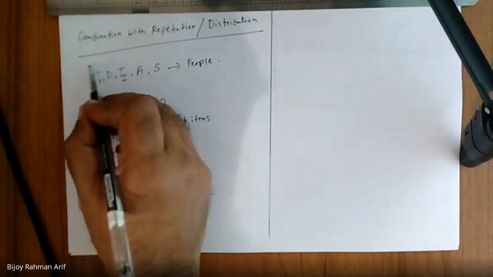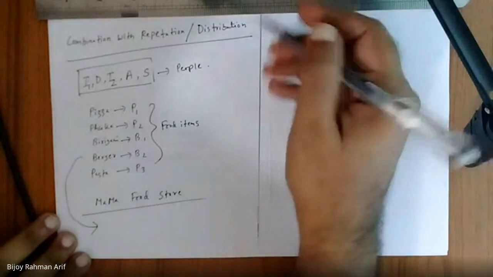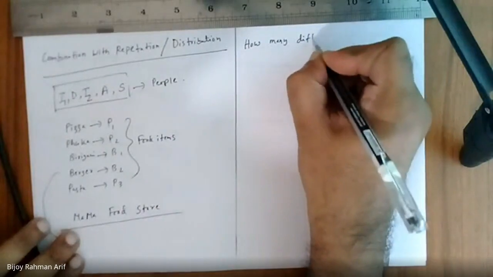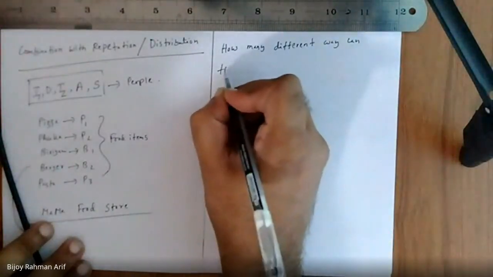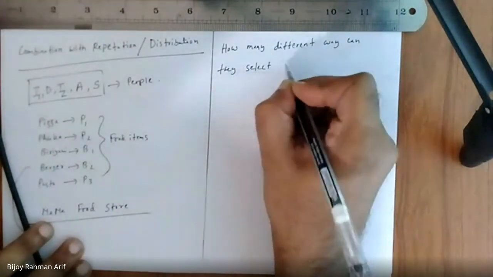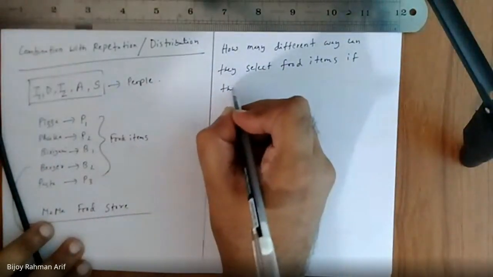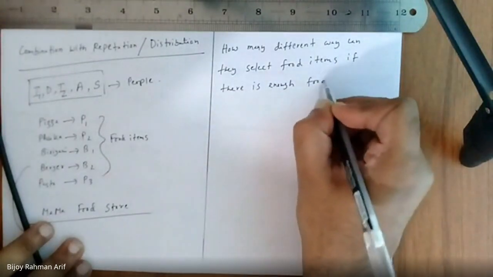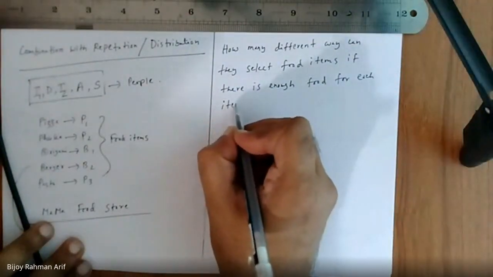These are the five people who played cricket.